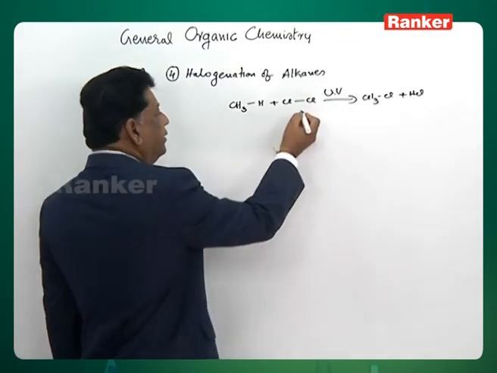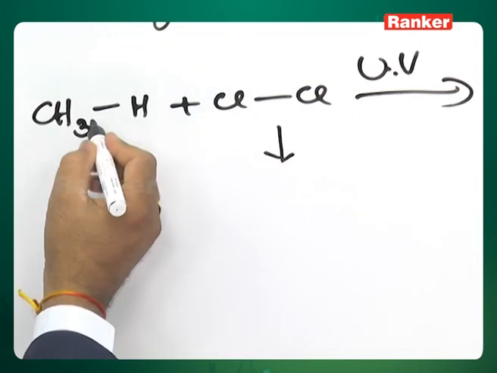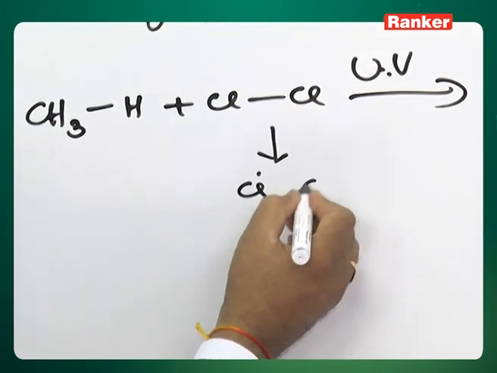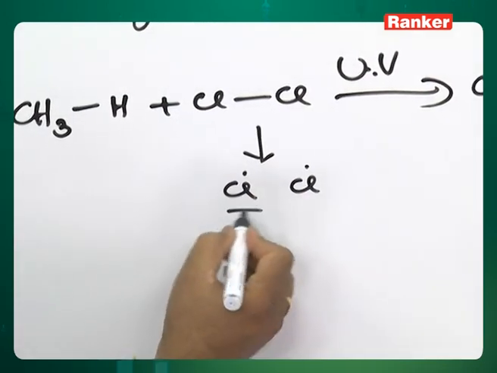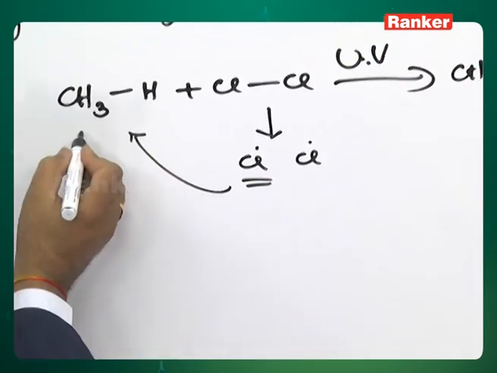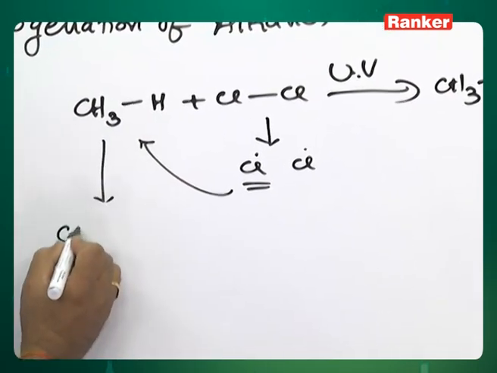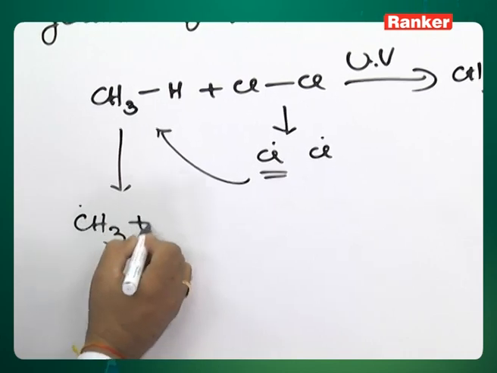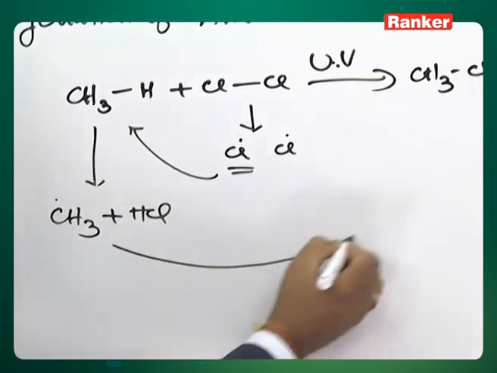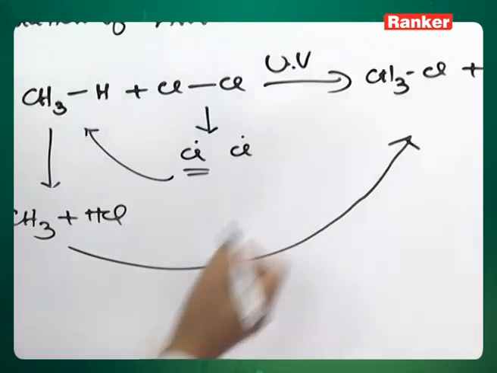The chlorine will not directly hit; it first breaks up into Cl dot and Cl dot. One chlorine dot will attack the methane and give the methyl free radical plus HCl. Now, this methyl free radical is going to give the methyl chloride.